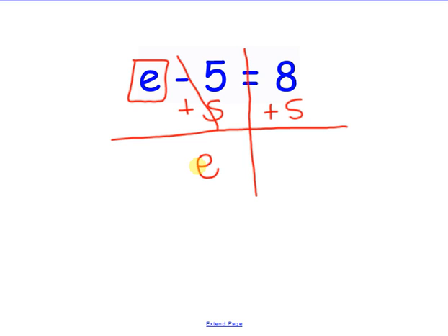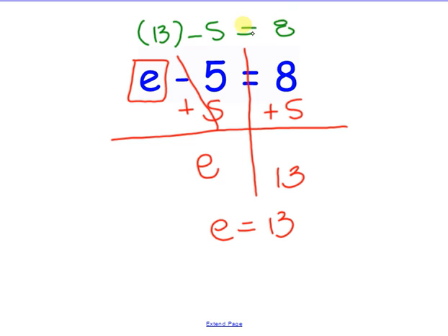So all you're left with is E, and 8 plus 5 is 13. So your answer should be E equals 13. But now I want you to go back and check. So up here, it should be 13 minus 5 equals 8. Well, 13 minus 5 is 8. So 8 equals 8. Your solution works. Excellent.